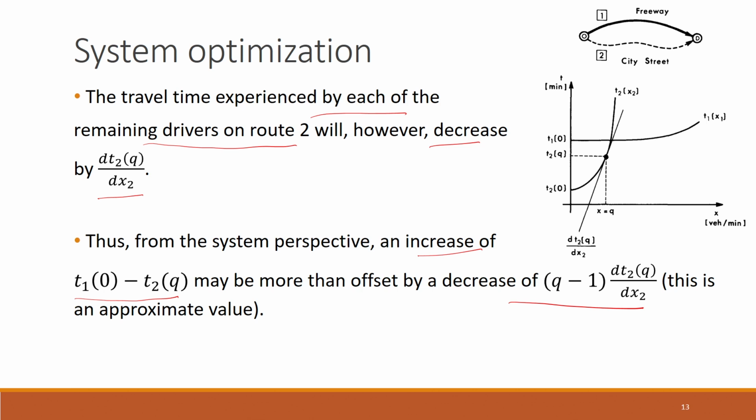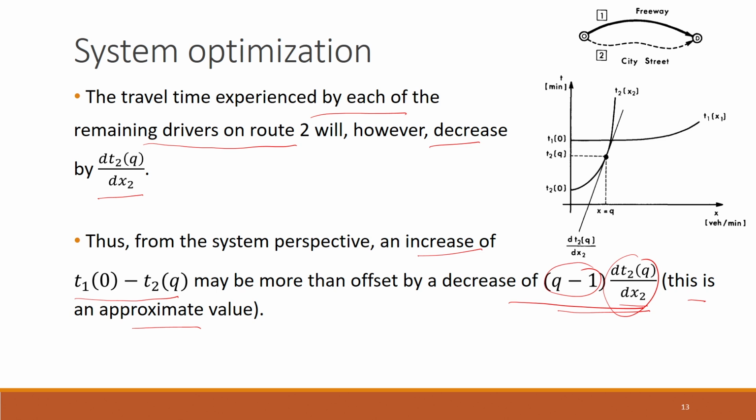this travel time which is experienced, the decrease in the travel time that is experienced by the remaining travelers on route 2, which is (q minus 1) times dt2(q)/dx2. Now this is an approximate value because this kind of assumes that the slope remains the same here, whether it is at q or q minus 1, but you can guess that the rate at which the travel time decreases for the remaining drivers on route 2 is something like this, and this is multiplied by the flow that remains on the second route.